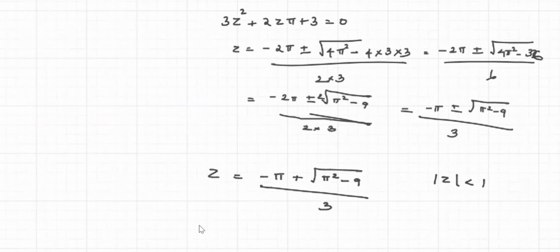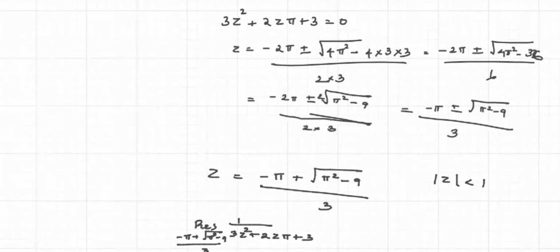Hence, we are calculating residue of the function 1 by 3z square plus 2z pi plus 3 at the point minus pi plus root of pi square minus 9 by 3.